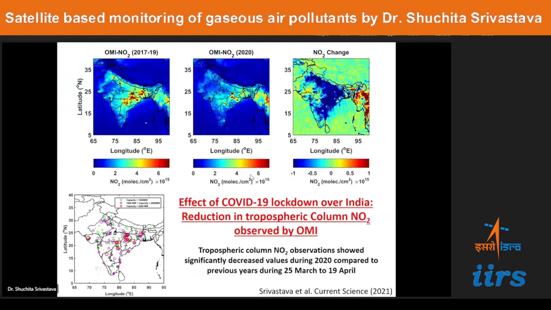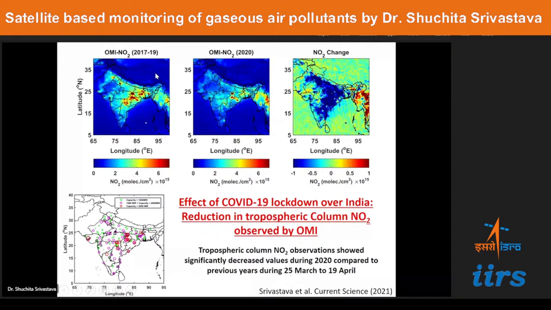Now, this is a very specific event, the COVID-19 induced lockdown, which was implemented on 25th March over the Indian region. Here you can see the picture of OMI NO2 after lockdown implementation during 25th March to 19 April 2020, the distribution of the OMI NO2 tropospheric column over the Indian region.